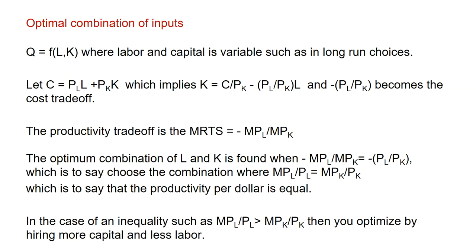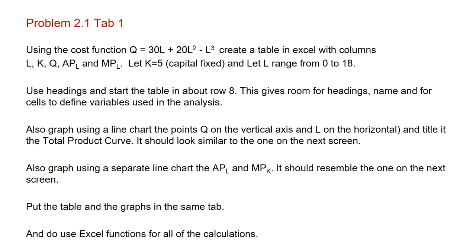If the marginal product of labor per dollar spent is greater than the marginal product of capital per dollar spent, then you optimize by, please make note, hiring more labor because it's more productivity per dollar, and you hire less capital because it's less productivity per dollar. And the equilibration is when those are equal. Again, it's a marginal benefit versus marginal cost type of thing, but the cost is the opportunity cost. I hire more labor, it's the opportunity cost of giving up capital, but I want to do that because labor may indeed be more productive.